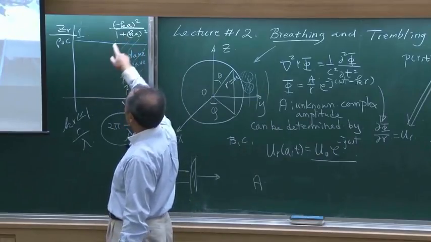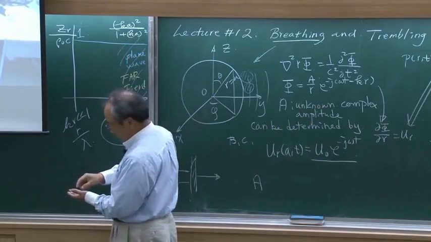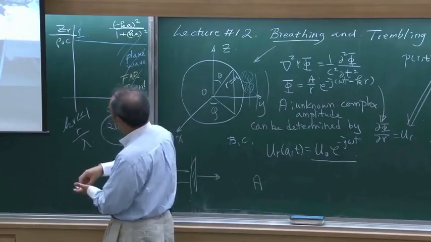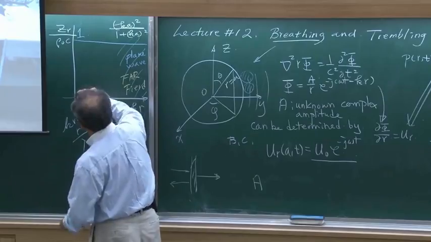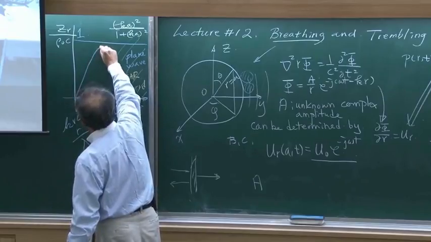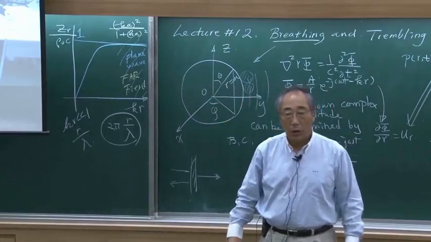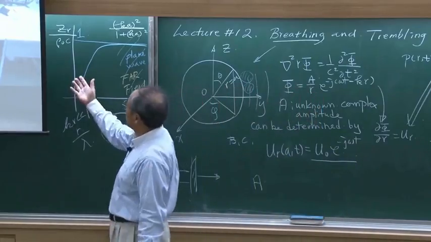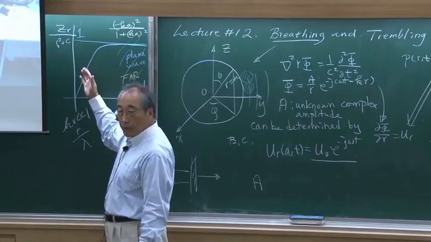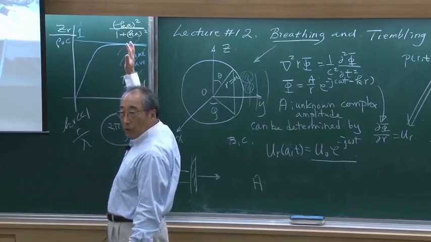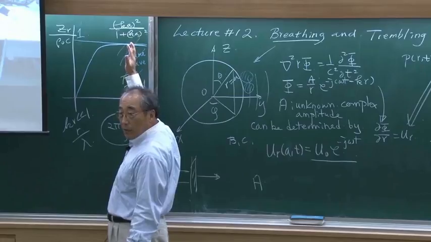The graph has to follow this behavior. So obviously we can see that the real part in the near field is much smaller than the real part of the breathing sphere in the far field.